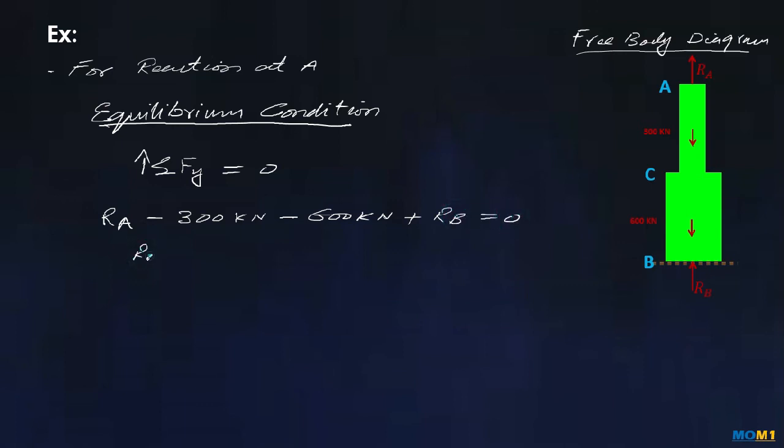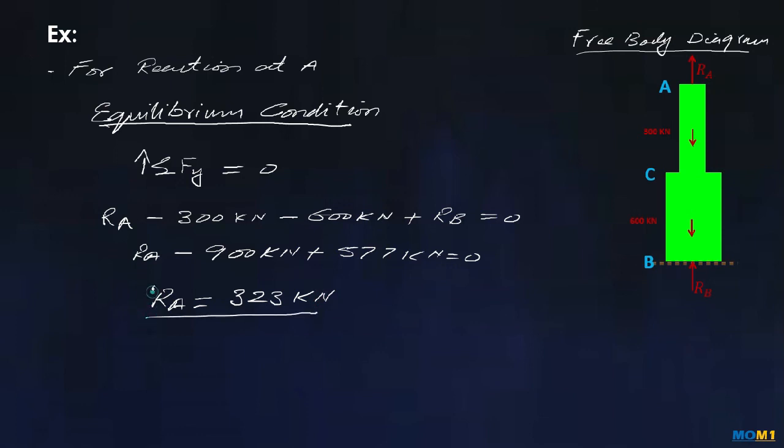So RA minus 900 kilonewton, and using the value of RB, that is 577 kilonewton, equals 0. After solving this, we get the value of RA, that is 323 kilonewton.